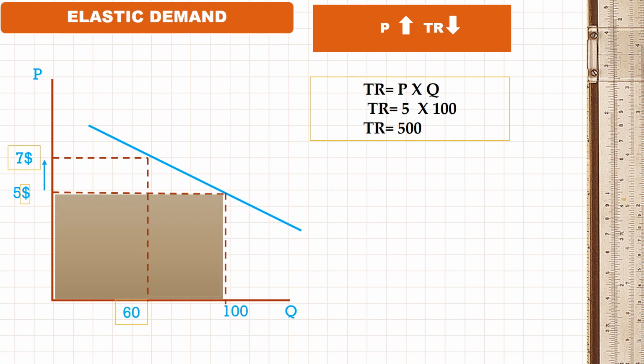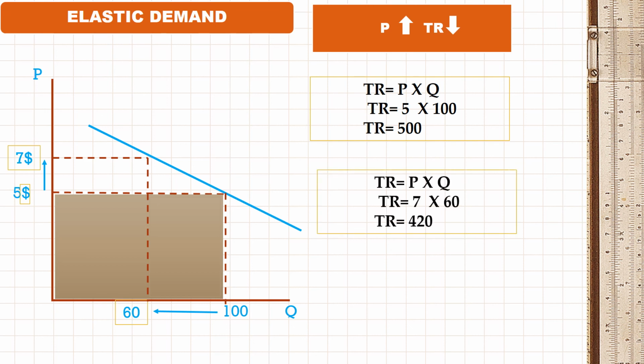And that's what elasticity measures: how much more or how much less quantity demanded is changing. So here you notice an increase in price is not much significant as compared to the fall in quantity demanded. So your new total revenue is 420, which is 7 times 60.